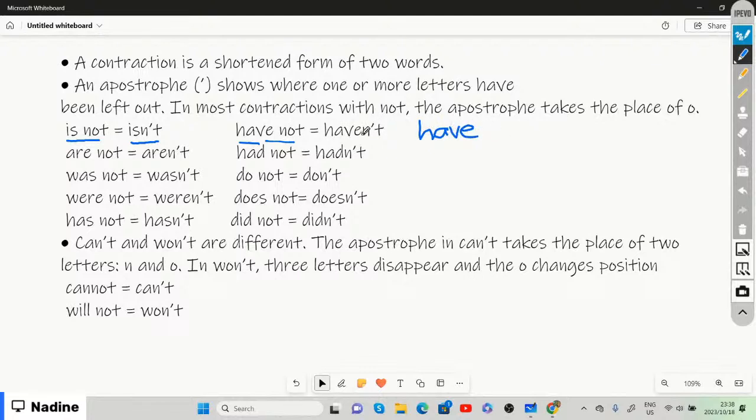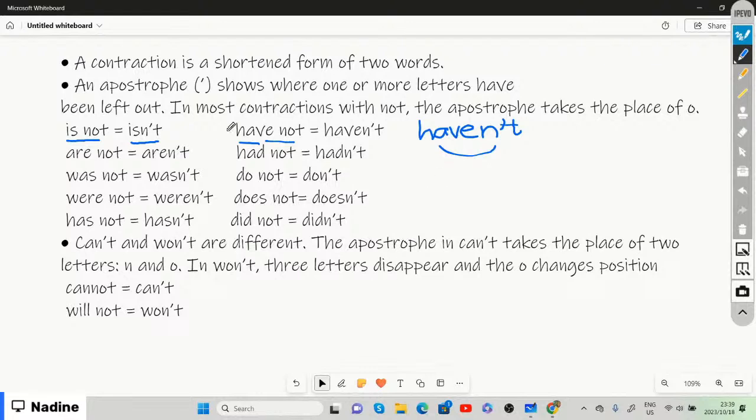And then not is going to be n't. We leave out the O, we put the apostrophe, and we put our T. So it's like saying have not, but instead of writing have not as two words, we remove the O, and in place of the O, we put the apostrophe, and we make it into one word, which is haven't.